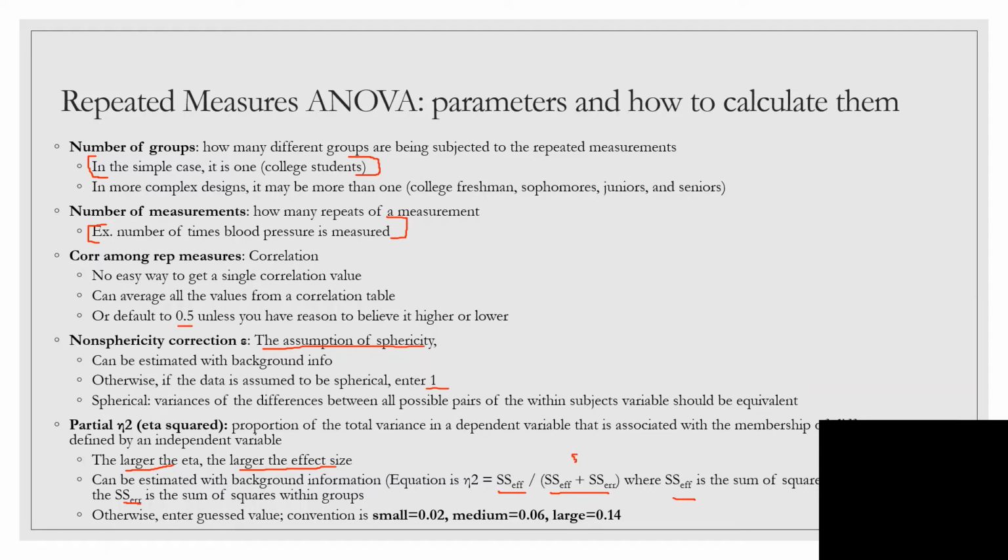Sometimes it's also written as sum of squares total. If you don't have any background information, you can guess the eta squared, just like you could guess effect size. And the conventions for eta squared, at least in G-Power 3, are 0.02, 0.06, and 0.14.